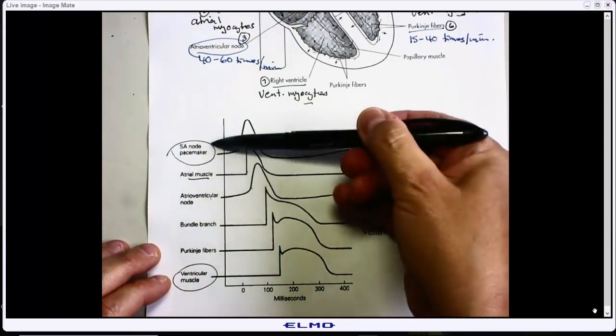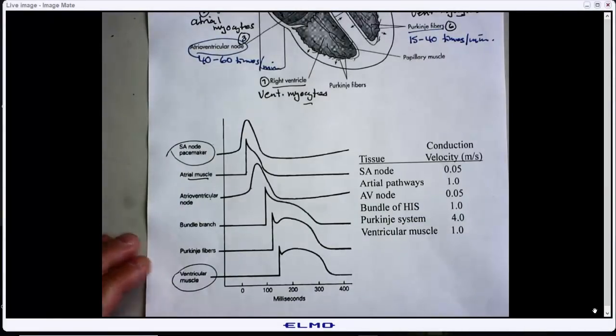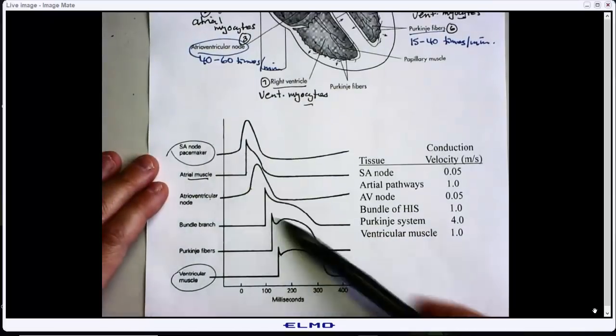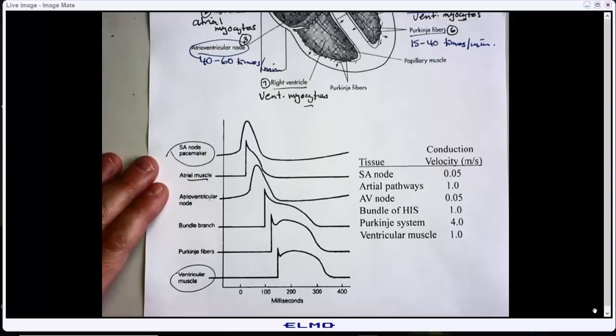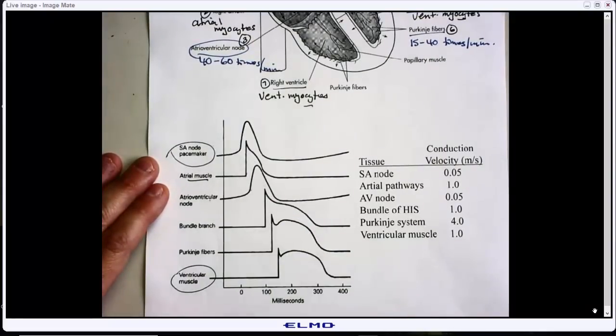And you can see that each of them have very different shapes. The nodal cells have very similar shapes, but you should be comfortable by now with the fact that the different shapes of these action potentials really are just a manifestation of the types of channels that are opening and closing and how long they're opening and closing for. So we're not going to really go into detail about all of the channels involved in the development of each of these action potentials.